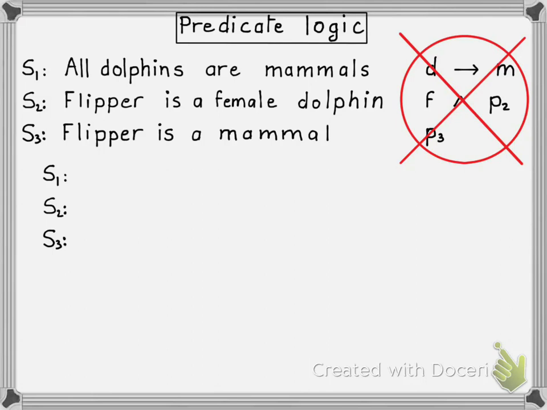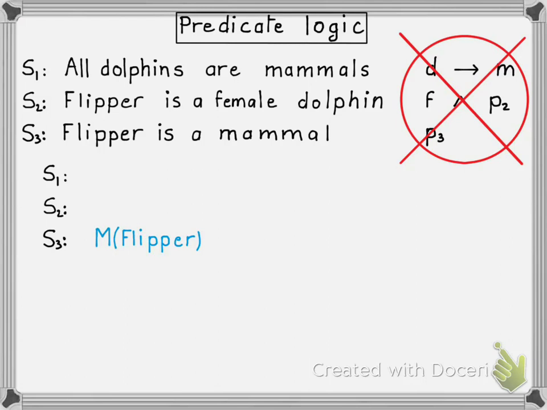It states that a specific object called Flipper has a specific property, namely being a mammal. So we're going to be able to use the predicate M and apply it to the subject Flipper. And the result is the proposition M of Flipper. And that is the translation of S3 into predicate logic.